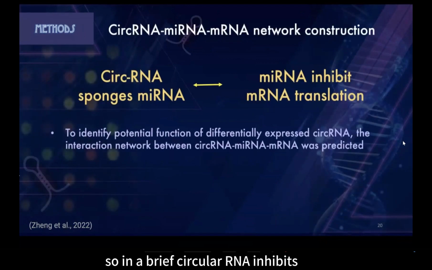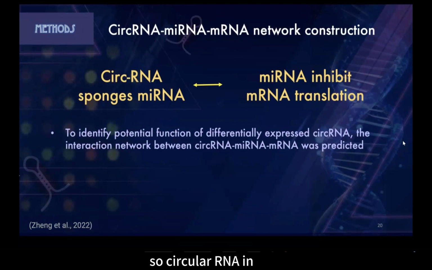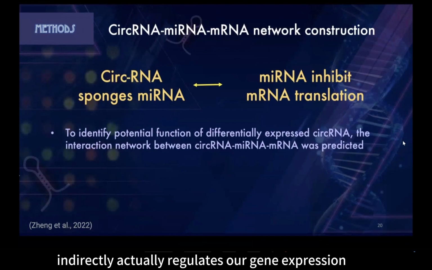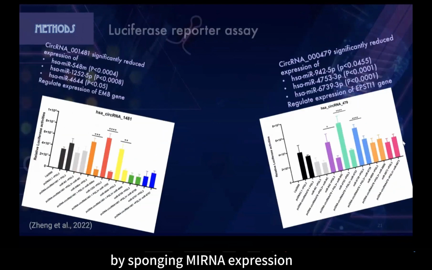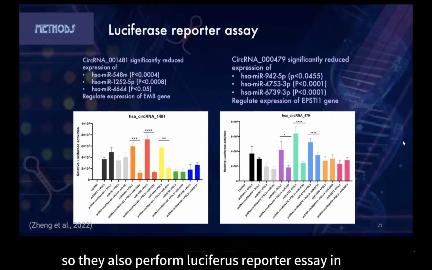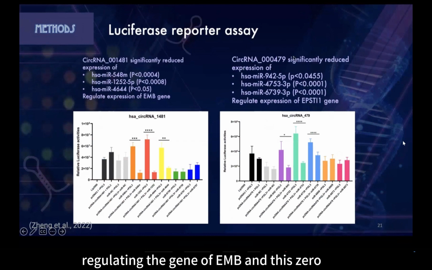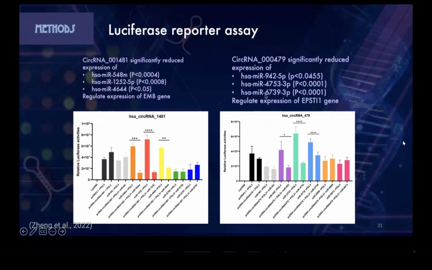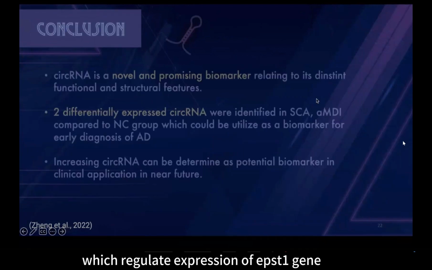Okay, so in brief, circular RNA inhibits miRNA and miRNA inhibits mRNA translation. So circular RNA indirectly regulates our gene expression by sponging miRNA. They also performed luciferase reporter assay in which they found out that circular RNA can significantly reduce expression of this miRNA regulating the gene of EMB, and this 00479 circular RNA significantly reduces expression of this miRNA, which regulates expression of the EPST1 gene.